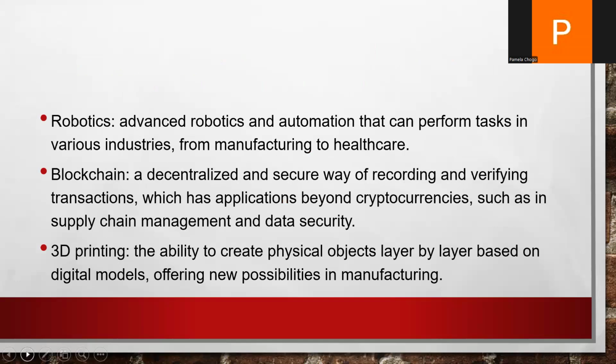And then we have robotics, where we say these advanced robotics and automation can perform tasks in various industries from manufacturing to healthcare. I think we have heard of robots and maybe not really seen them physically, but at least seen them in movies.